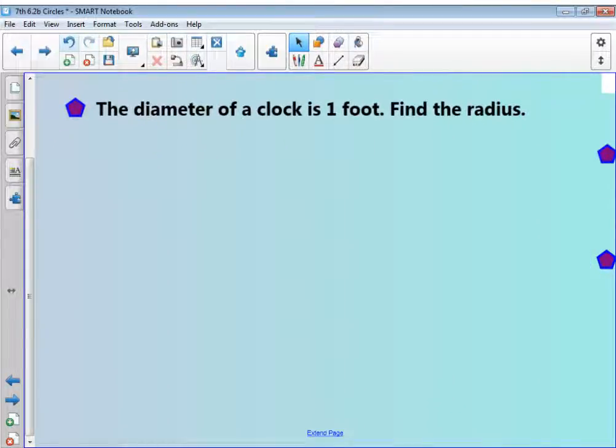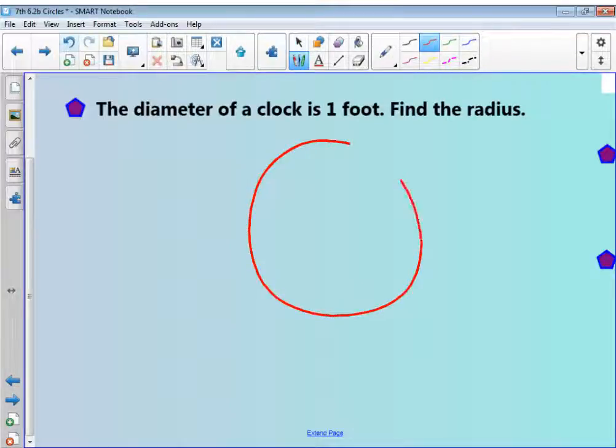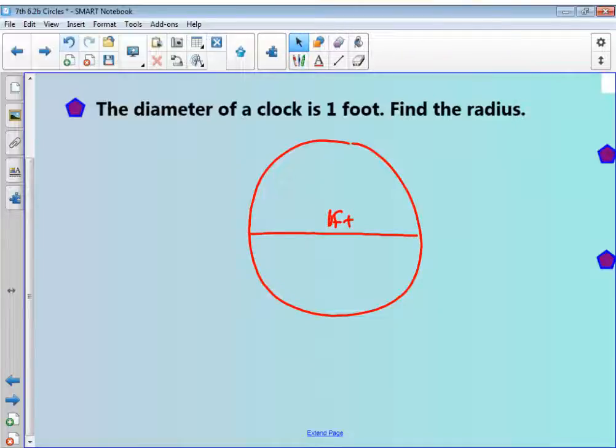Okay, the diameter of a clock is 1 foot. So we have a circular clock. Find the radius. Sometimes they're going to give you word problems, and you just have to think in terms of what it would be. So here's my clock. It says the diameter, that's the full distance, is 1 foot. They want to know just the radius, from the middle point out.